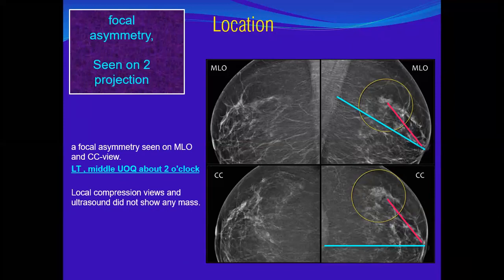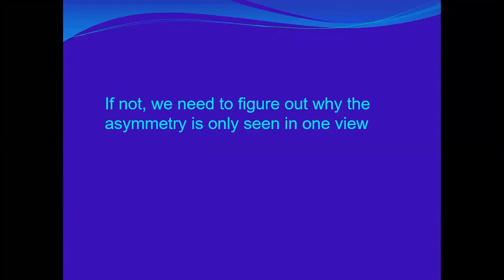Okay, so we'll do local compression and ultrasound does not show a mass. So it is just a parenchymal superimposition. So if I have seen a focal asymmetry in one projection, what is the next step I am supposed to do?